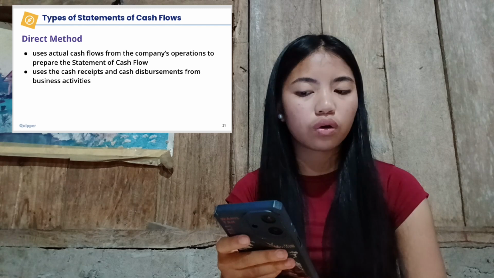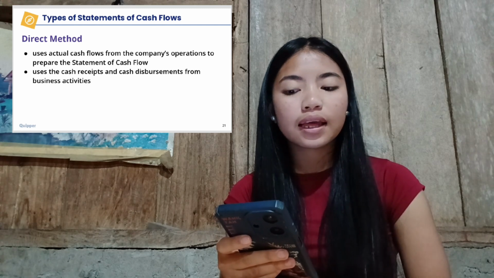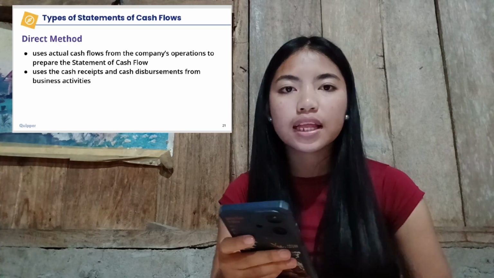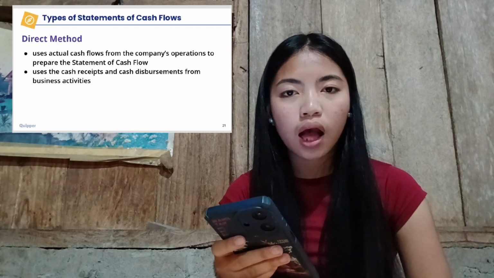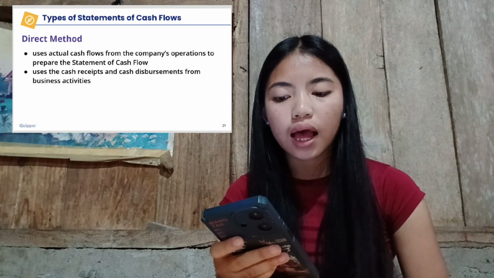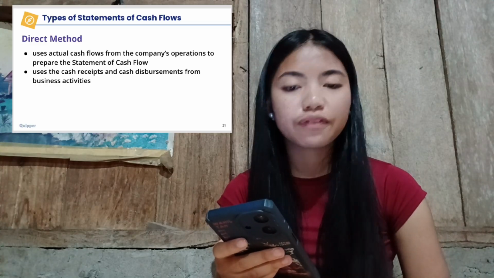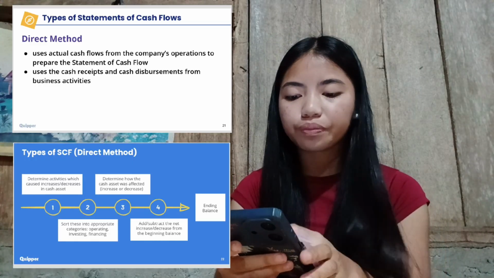So in the direct method, the actual cash flows are listed, the cash receipts and cash disbursements from business activities.